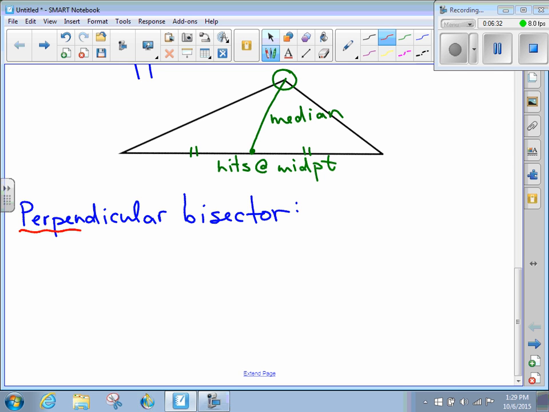So it's hitting at 90 degrees and it's bisecting. And it's going to look different than a median. It can look the same as a median depending on the triangle, but like 95% of the time, you're going to be able to tell what the difference is based on the type of triangle that you have.